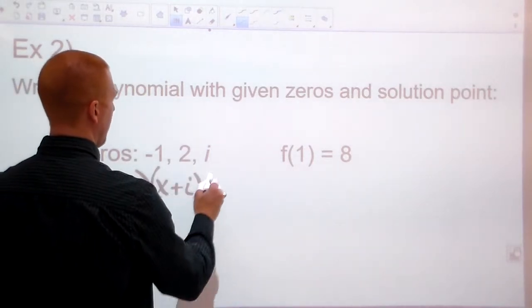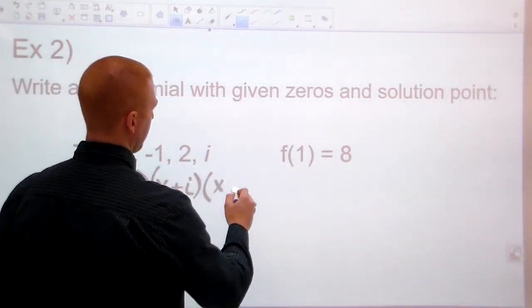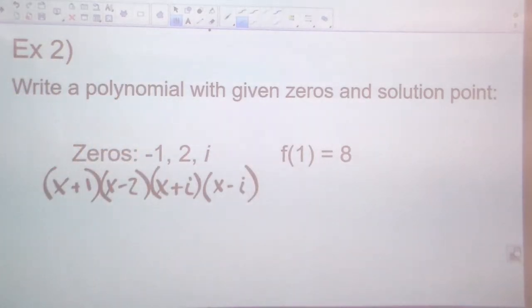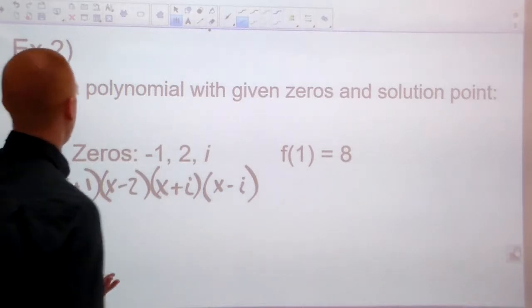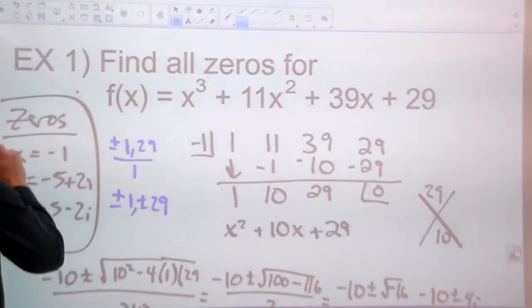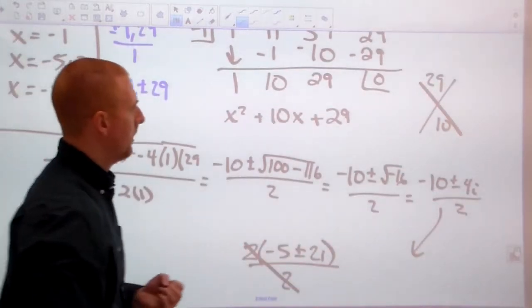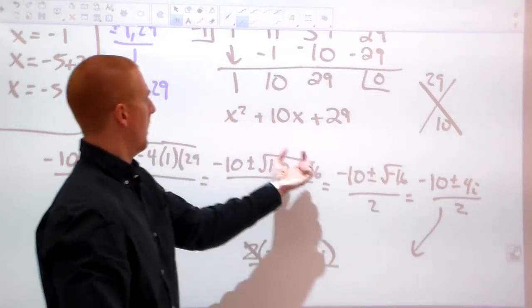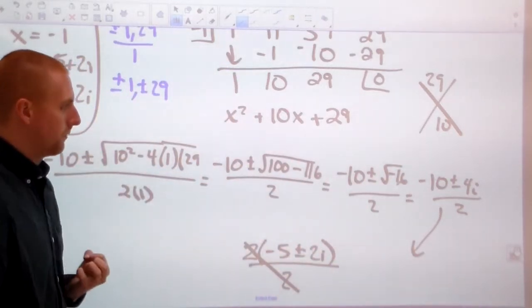And if i is a factor, then negative i is also a factor, or solution, sorry. And the way to think about that, if we were to get i as a solution as we did here, that's going to happen from taking the square root of a negative, which comes from the quadratic formula.